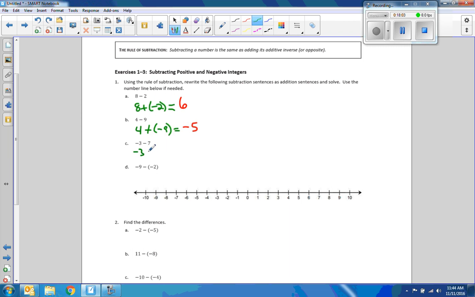Negative 3 plus a negative 7. Start at 0, negative 3, and then negative 7 more, and that's going to be negative 10. Okay?